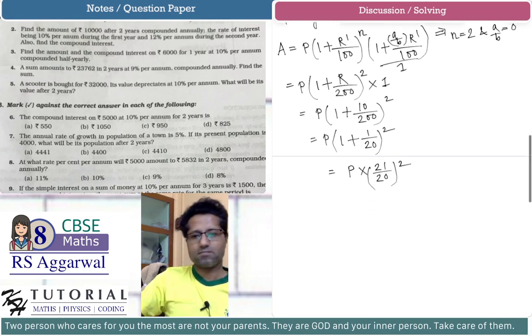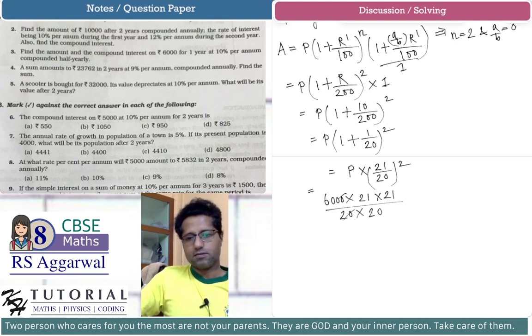Okay. Now we can put the value of P, which is given to be 6000. 21 multiplied by 21 divided by 20 multiplied by 20. 20 divides 6000 with 300, and 0 0 cancels, and 2 divides 30 with 15.